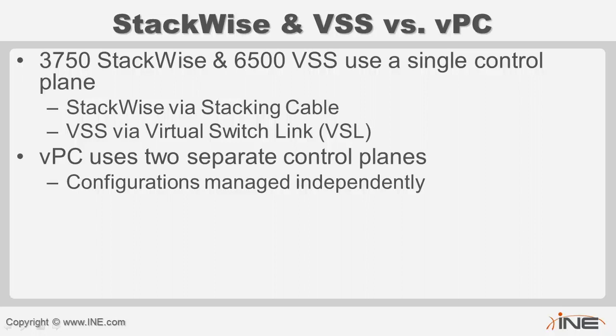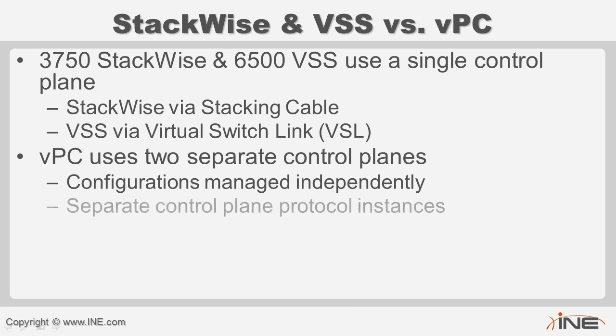So in the case that the configuration on one VPC peer, out of the pair of VPC devices, does not match the other one, then we can have some problems when we actually go to send traffic in the data plane. So the key here with the VPC is that the configurations are going to be maintained independently.